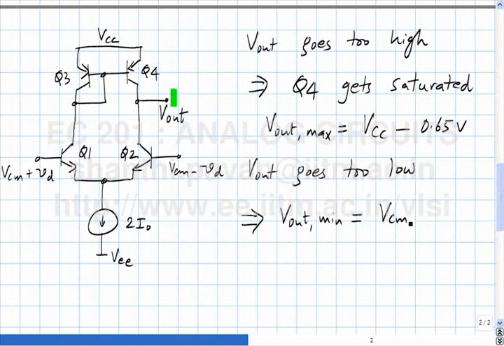Alright? So the range of potentials possible at V out, which will still allow all 4 transistors to be in the active region so that you can get a large incremental gain, is VCC minus 0.65 volts and VCM on the lower side.